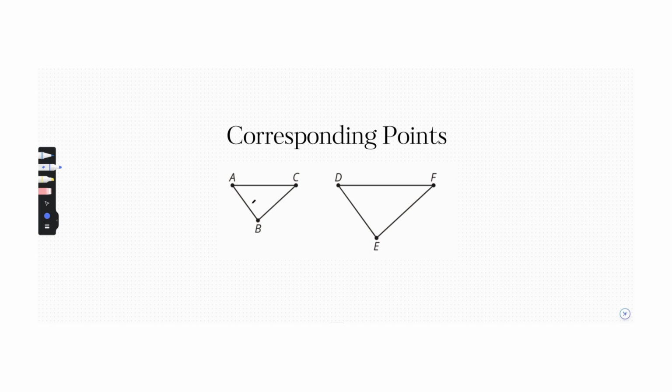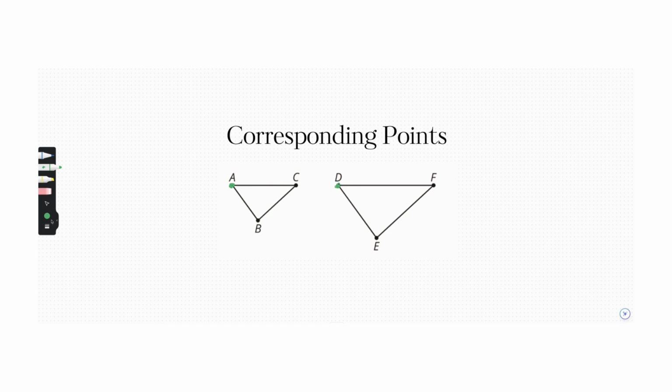But there's three corresponding parts. Let me use a different color here, let me go with green. Notice here is point A, and point D corresponds with point A. This is in the top left-hand corner, and point D is in the top left-hand corner.